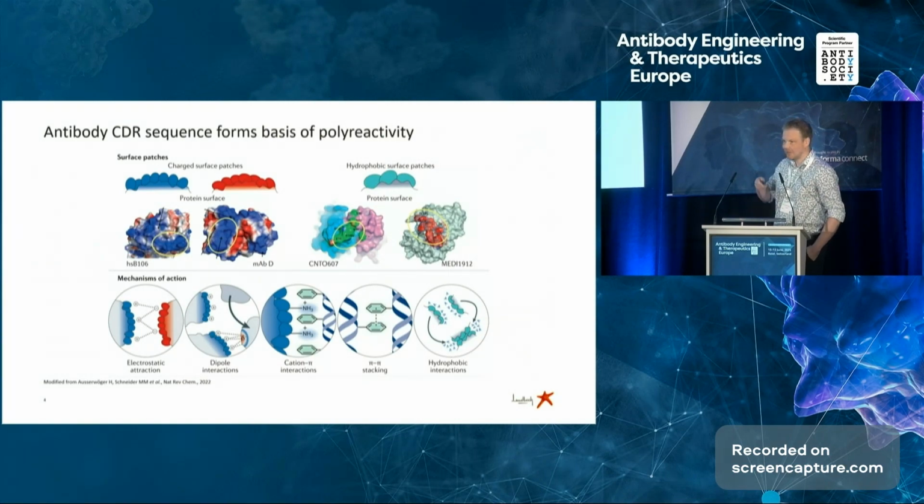So amino acids like the aromatic amino acids, tryptophan, tyrosine, also arginine, for example, are really good at driving these types of interactions to proteins, and are therefore commonly associated with polyreactivity if they form patches. But basically, the underlying interactions are, of course, governed by the general protein-protein interactions. Forces like electrostatics or hydrophobic interactions are, of course, present.